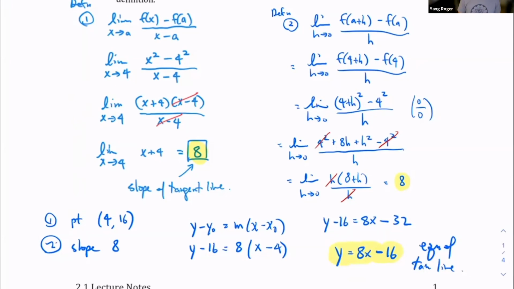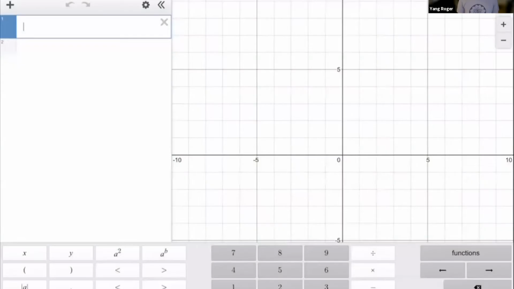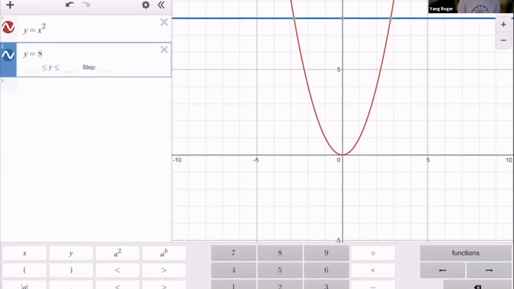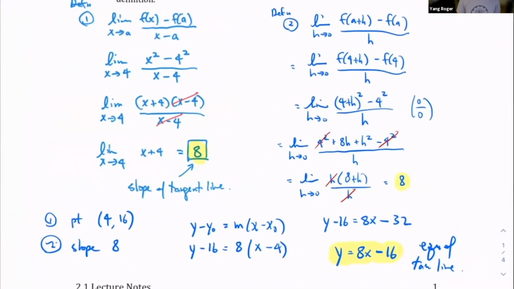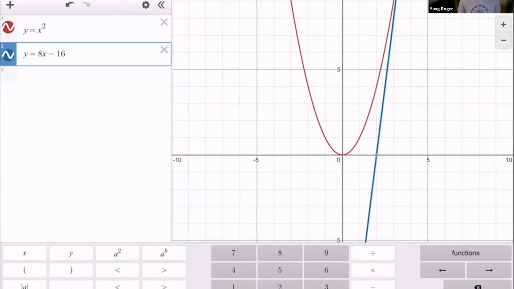All right. Just for fun, let's take a look at this on Desmos. Our function was y is equal to x squared. The line that we just got was y is equal to 8x minus 16.